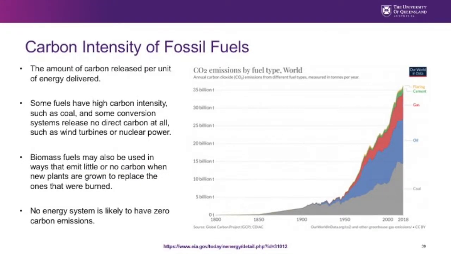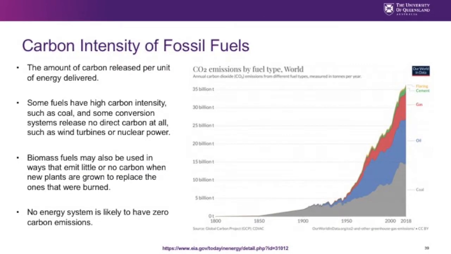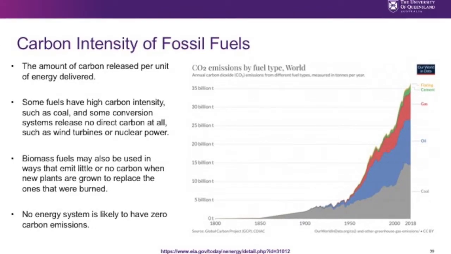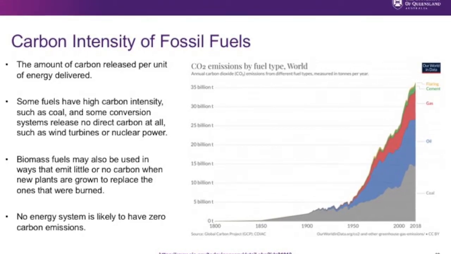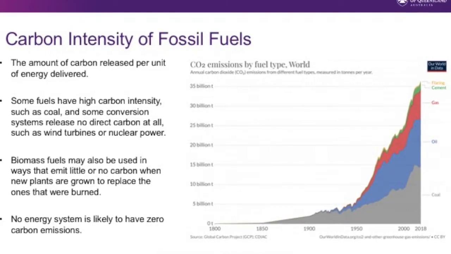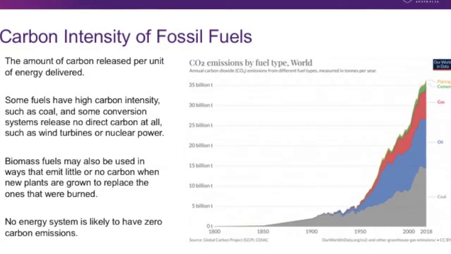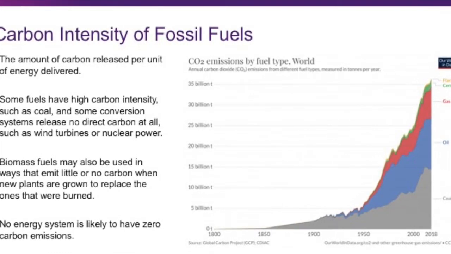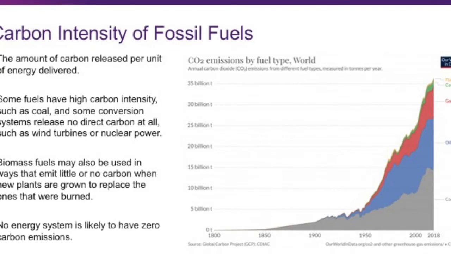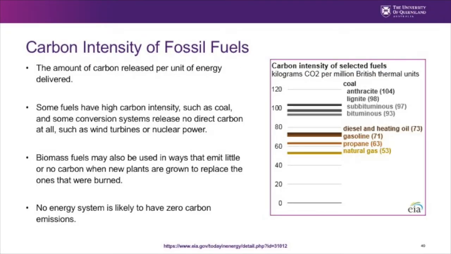And for this, we're going to discuss a very important concept that is called carbon intensity. Carbon intensity is the amount of carbon released per unit of energy delivered. And this one varies depending on the type of source of fossil fuel. Some fuels have high carbon intensity, such as coal, and also some conversion systems release no direct carbon at all.